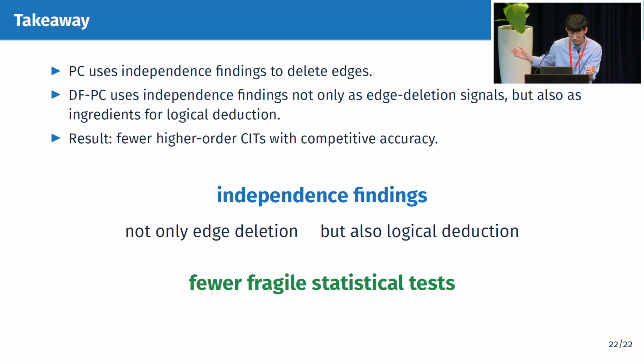There, the size of the conditioning set matters, but the cardinality of the variables also matters when testing conditional independence. So it would be great if I could extend my work in that direction. But in this work, I focused on the conditioning set size.